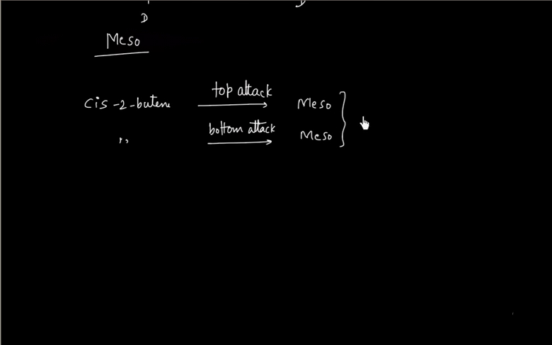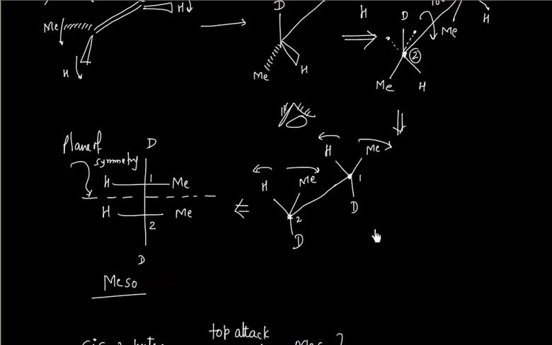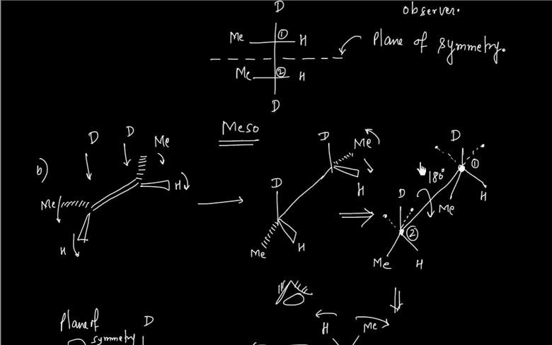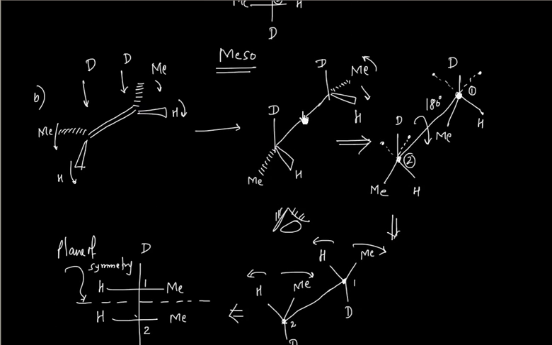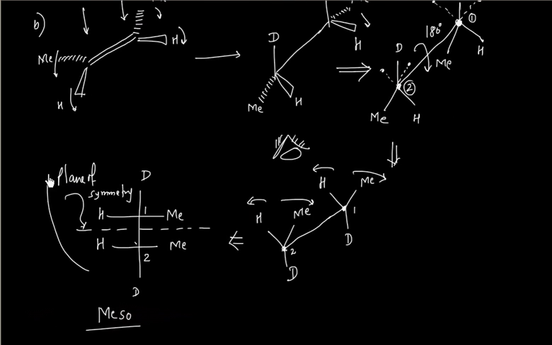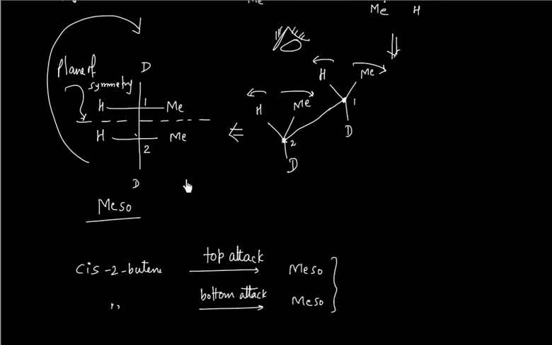This is meso, and this compound, this meso one and this meso one, both are similar because one can rotate this compound by 180 degrees. So if I rotate by 180 degrees, because a Fischer projection formula can be rotated by 180 degrees, methyl will be here, hydrogen, hydrogen and deuterium.